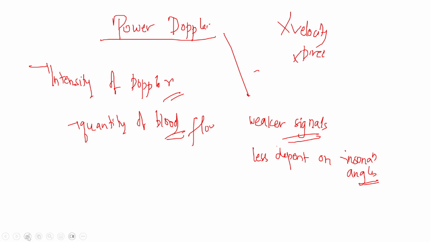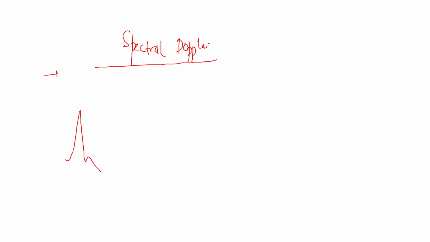Then the last important type of Doppler is spectral Doppler. In spectral Doppler, it will show the range of Doppler frequencies and their change in unit time in the form of waves.